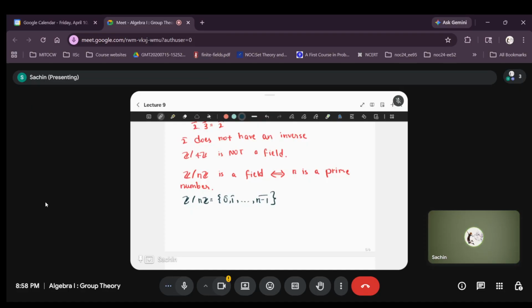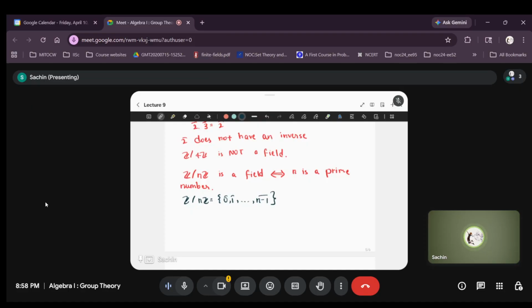No, you can't take two different elements like that, right? If I take any two random elements, they won't give me one. But if P is a prime, what are its divisors?